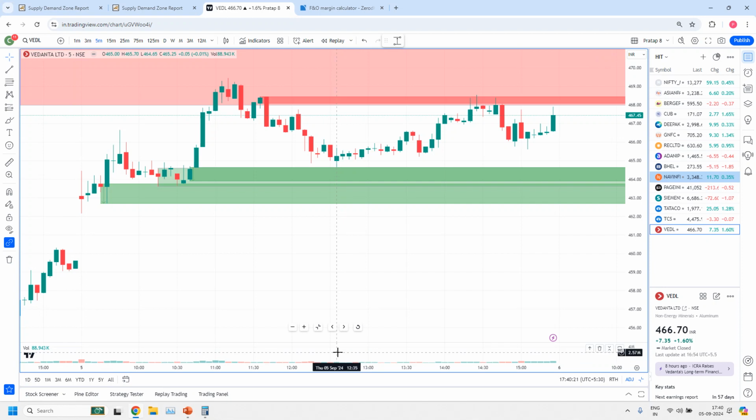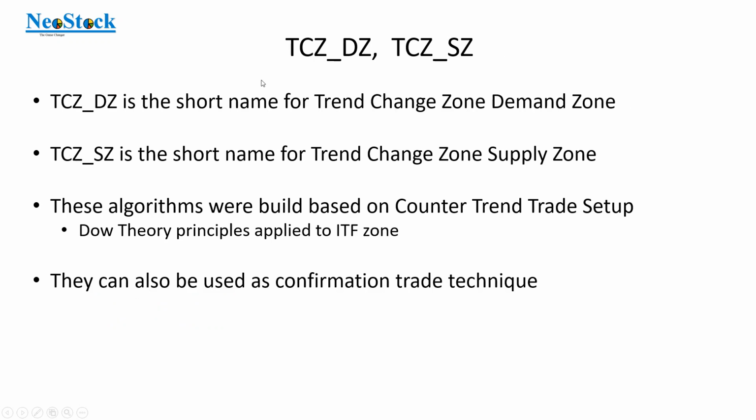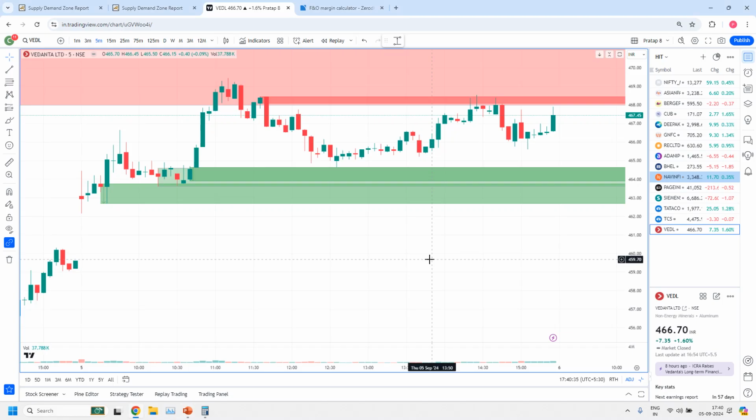Next, let us focus on another concept, trend change zone, TCZ. TCZ means trend change zone. How is TCZ different from trend change origin? See, both the concepts are almost similar. One small difference: in trend change origin, new zones are created and change the trend.